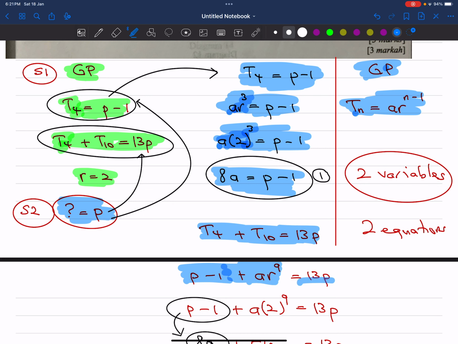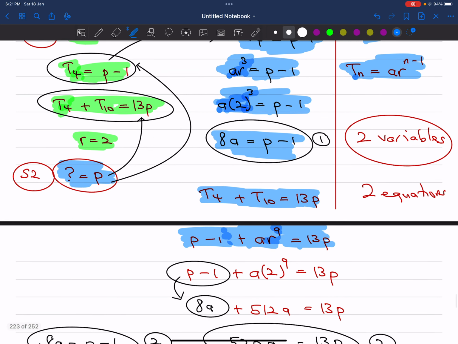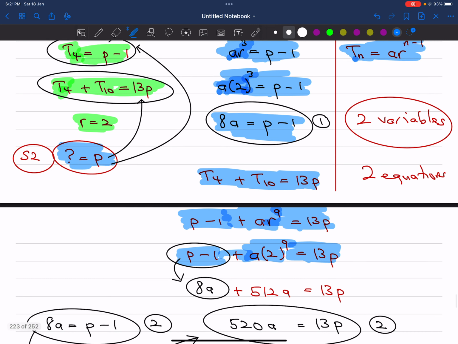I just copy back. Now you notice that this P minus 1, I copy back P minus 1 plus a. Remember, R was given as 2, so 2 power 9. So a times 2 power 9 equals 13P. Now watch very carefully: this P minus 1 is the same as 8A.